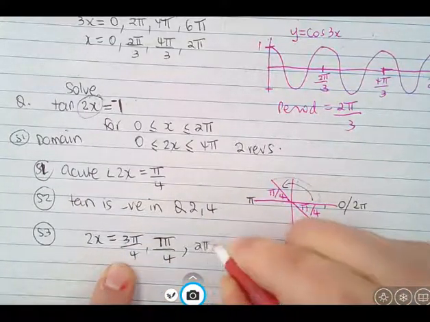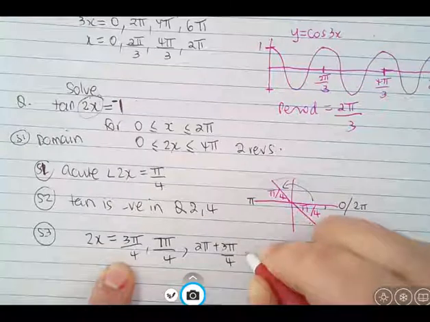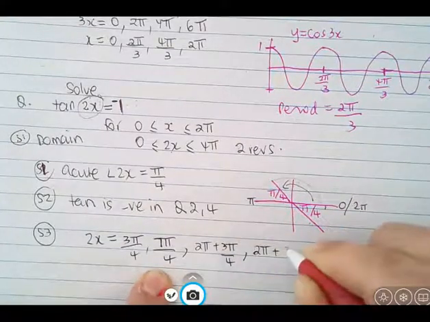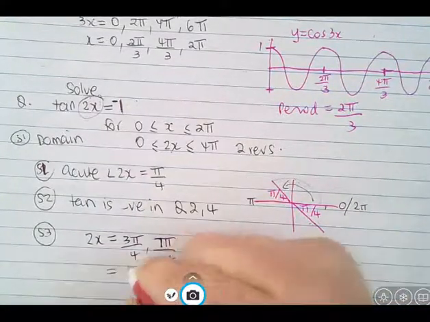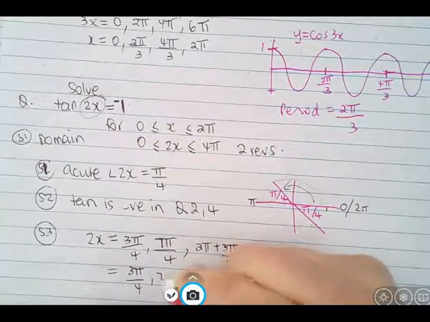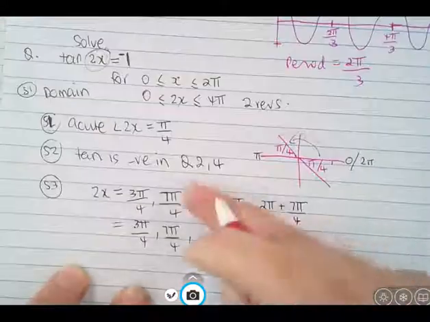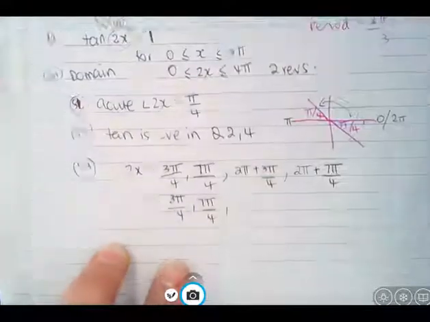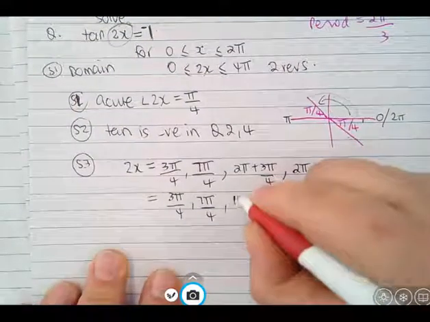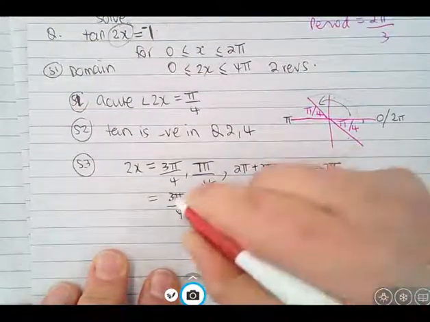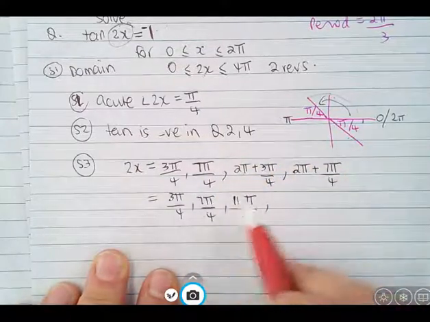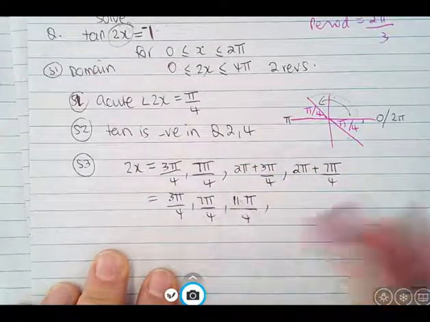So I go 2 pi plus 3/4 pi and 2 pi plus that. Now, so you got 3 pi on 4, 7 pi on 4. Isn't that just 2 and 3/4? 11. Yep. Now, can you see a pattern? What are you doing to the tops? You're adding 4. See, 3, 7, 11.